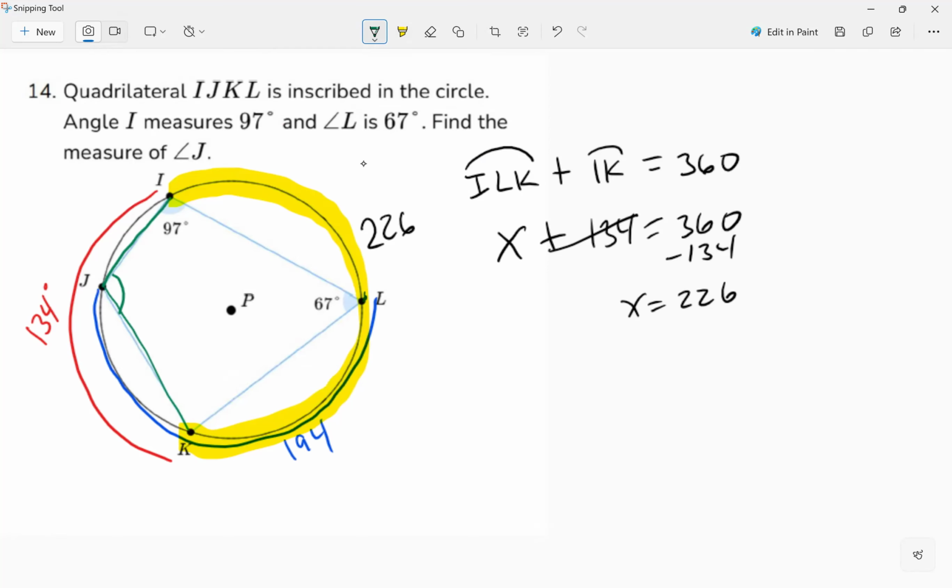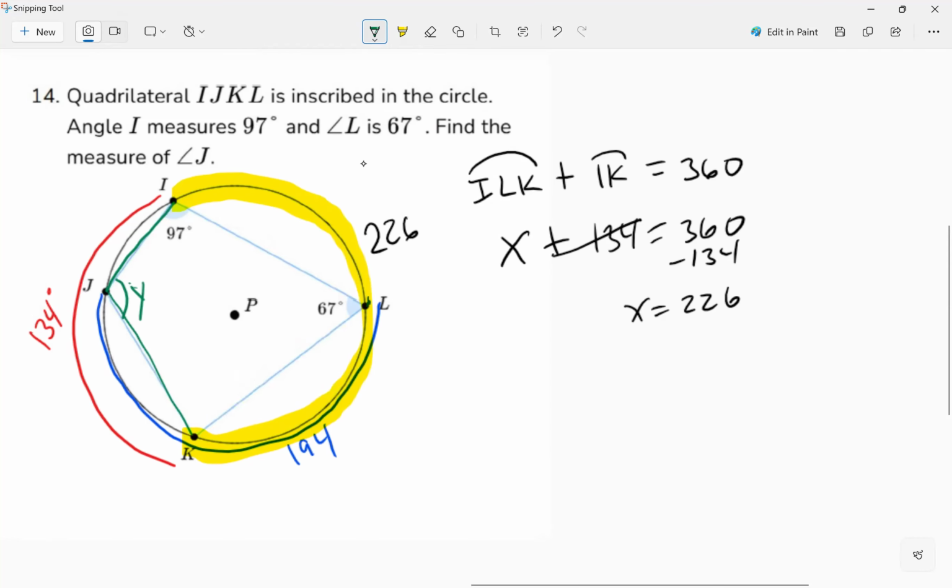I was just solving for the arc that I could solve because I need to solve for angle J now. Let me call this angle J. I don't want to use X again. Let me use another letter. Let me use Y. I know 2 times Y is equal to 226.